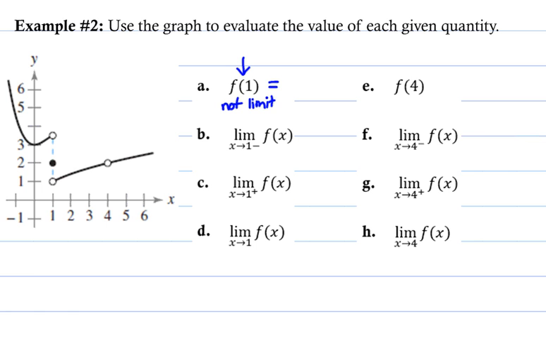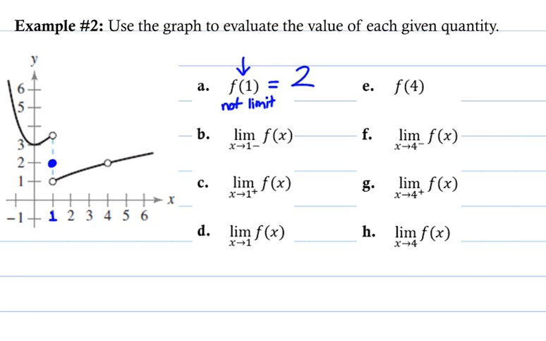So look at the graph. Here's 1. The only place that there is a solid anything is here. So that is my value for f of 1, and it is 2. If you look straight across to E, f of 4, I'm asking you the same thing. That's not a limit. Okay, I'm going to go in order.